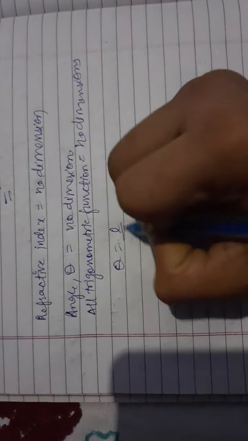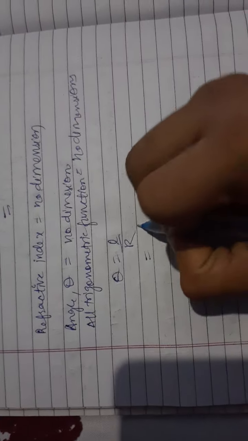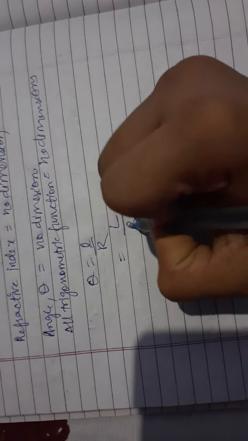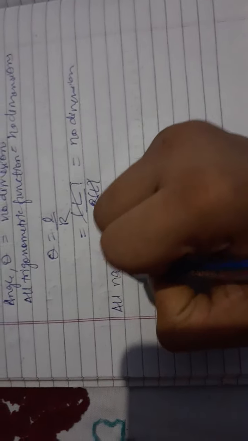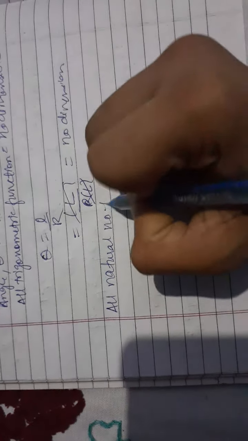Theta equals L by R, where L is length and R is also a length, so after cancelling, no dimension. All natural numbers have no dimensions.